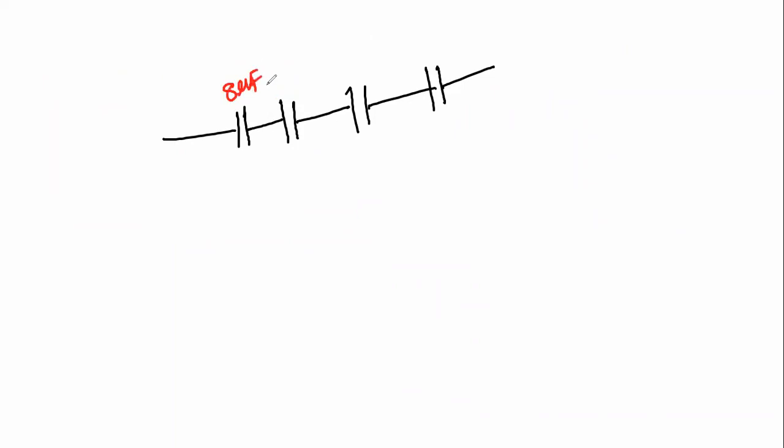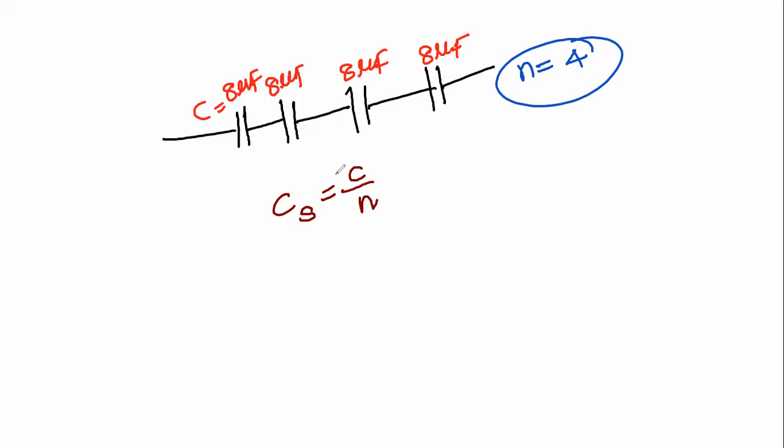What is the effective capacitance of this system? They are in series, so CS is equal to C divided by N. The individual capacitance is 8 microfarads, and there are N equal to 4 capacitors. Therefore, CS is equal to 8 divided by 4, which is 2 microfarads. Like this for N identical capacitors.